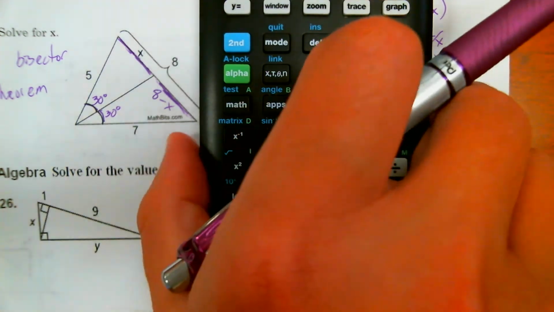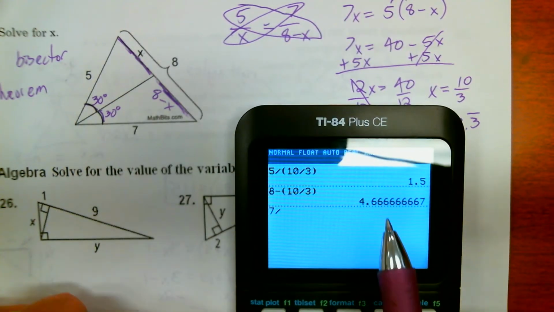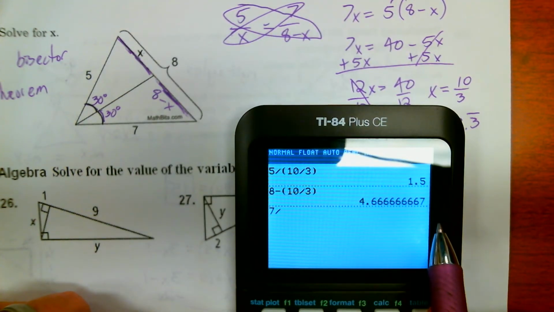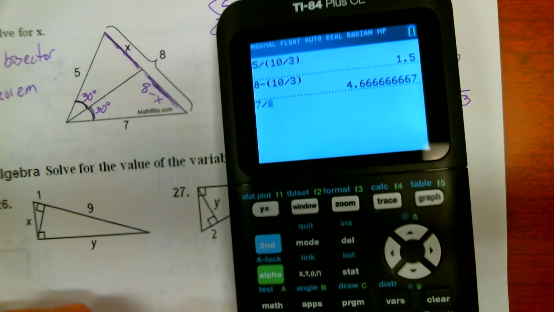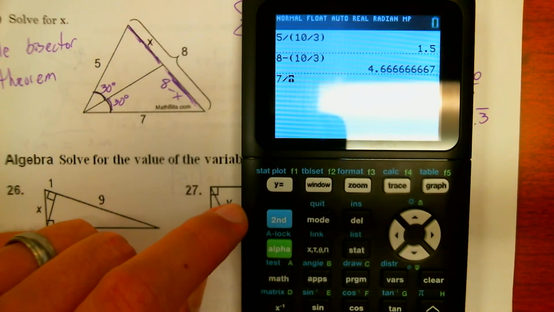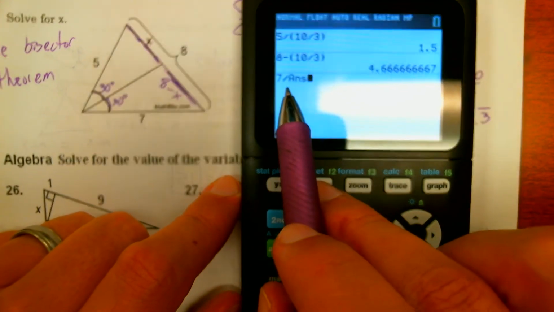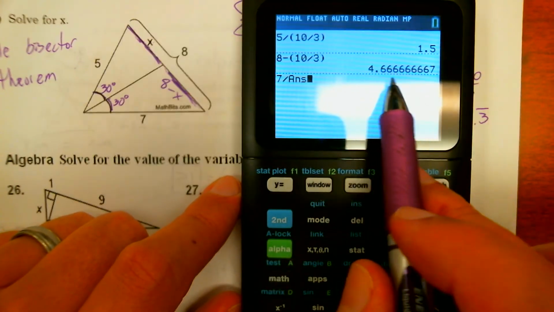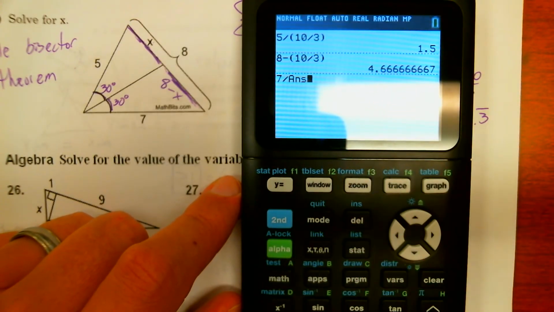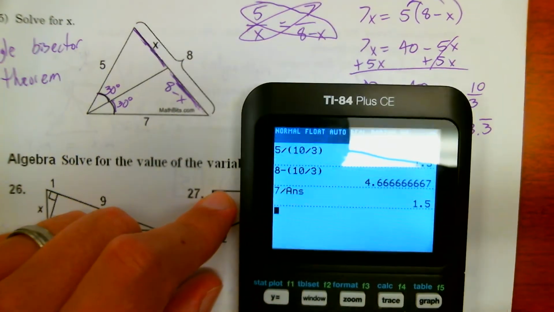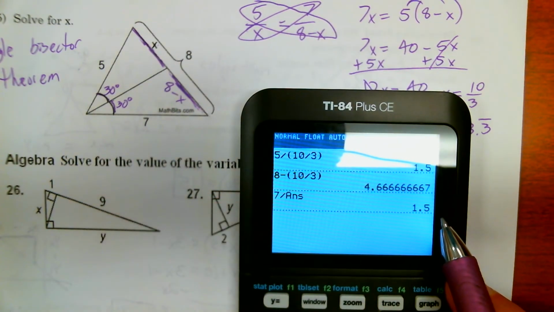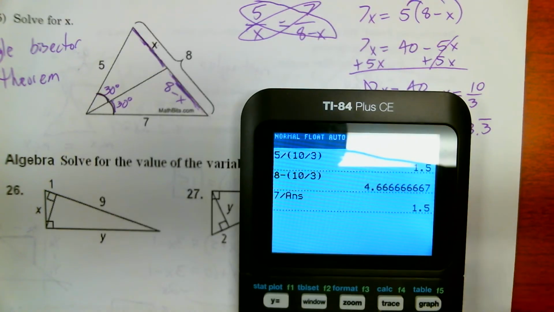That means answer. So instead of having to type this whole thing back in again, I'm just going to type 7 divided by second answer, because my calculator sees that as 7 divided by whatever you had previous. That better be 1.5. And without the glare, it is 1.5. So those ratios check out.